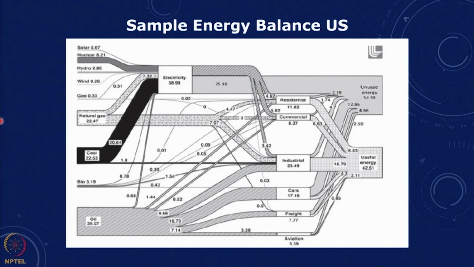We can make a composite index of energy. For instance, in the case of US, we saw the input-output matrix for a particular year. We can also draw, as we have seen in the initial lectures, the Sankey or the energy balance diagram for the world and for India, and these diagrams will represent the relative proportions of the different fuels and the flows in different sectors.